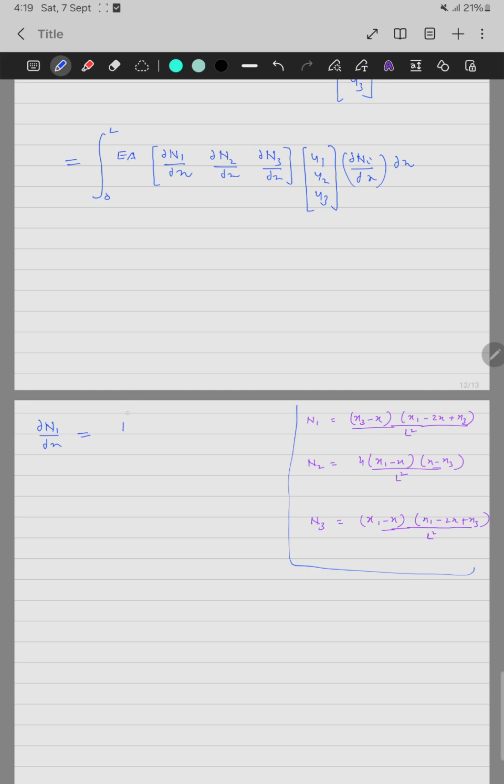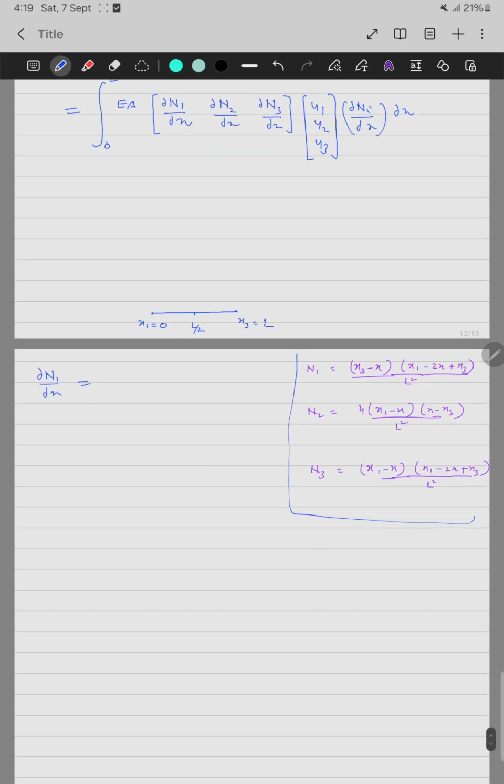One more thing we can write here: since we have 3 nodes, let's suppose x1 we are assuming to be 0, and x3 we are saying is length L. And x2, in that way, will be L by 2. Okay, the midpoint will be L by 2. Got it? This will be L by 2.